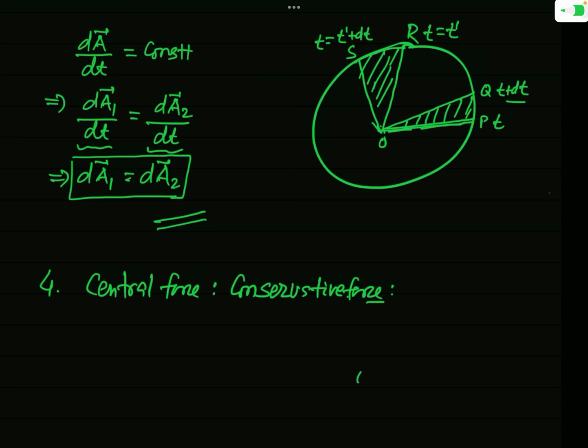So let us see this figure. In this figure I am showing that there is a particle at point P, and that particle moves to this point Q following two paths. Let us say the first path is PAQ, and the other path is PBQ.